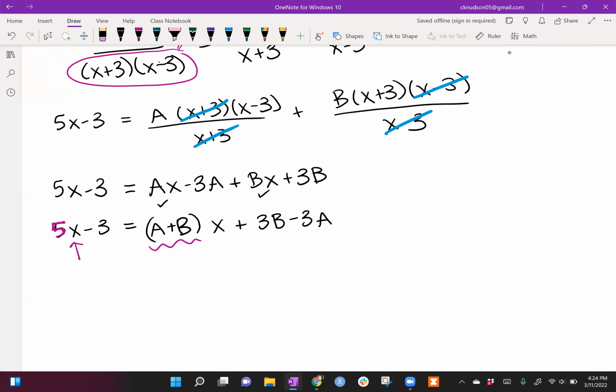So 5 must be equal to A plus B. Similarly, negative 3 must be equal to 3B minus 3A. So now we have two equations and two unknowns, so we can go ahead and solve. You can start with either one, but I'll start with negative 3 equals 3B minus 3A.